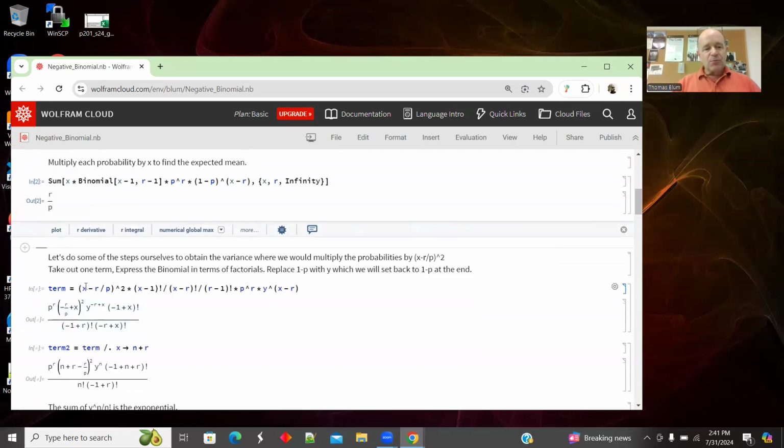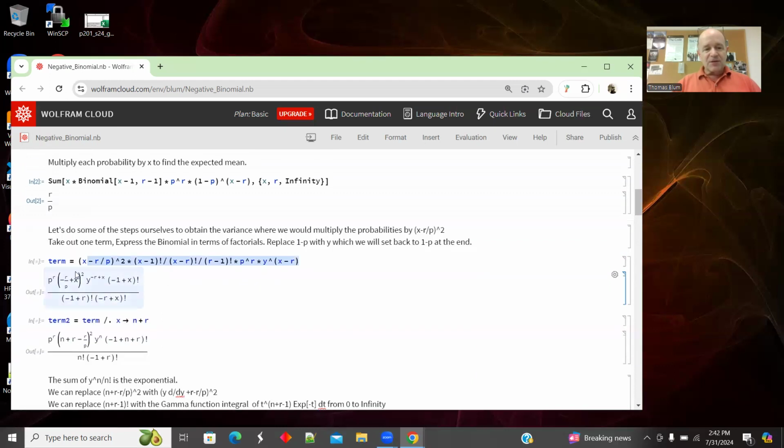So the variance is x, which is the number of tries, minus r on p, that is the mean. So I'm subtracting the mean and squaring that. That's my normal way to get a variance. And then here I've replaced the binomial with the corresponding factorials, x minus 1 factorial over x minus r factorial and r minus 1 factorial, and p raised to the r.